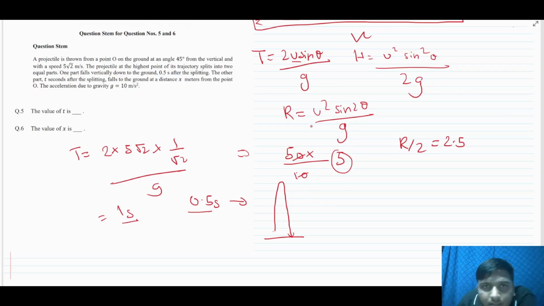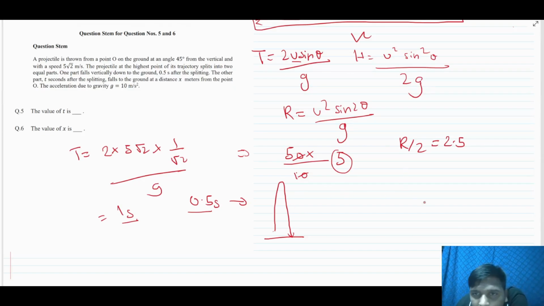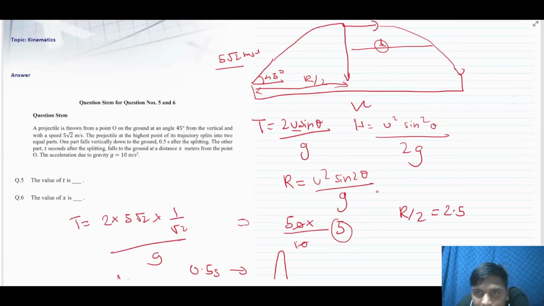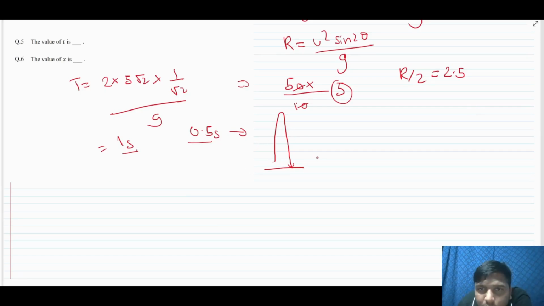Okay, the other part. Now if we conserve momentum in the x direction, at the top of the path they were moving with some speed of u cos theta. We know that at that point there is no velocity in the y direction, and u cos theta remains constant always, because there is no acceleration in the x direction. So at the highest point, let's consider the momentum.